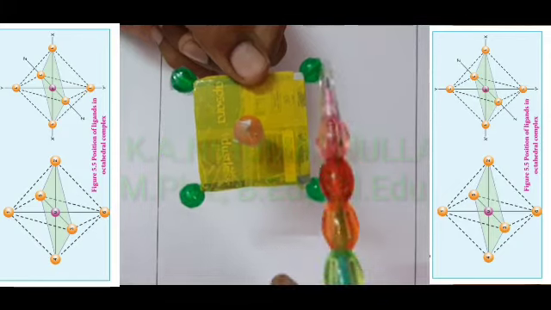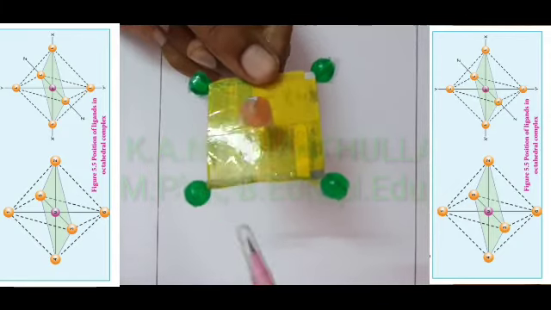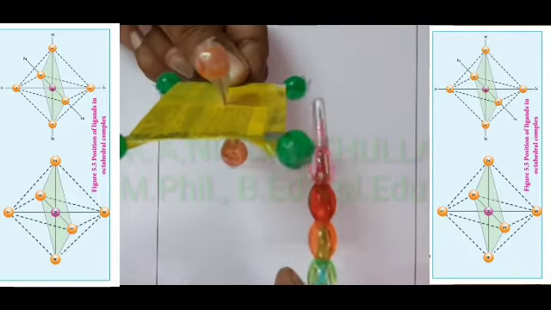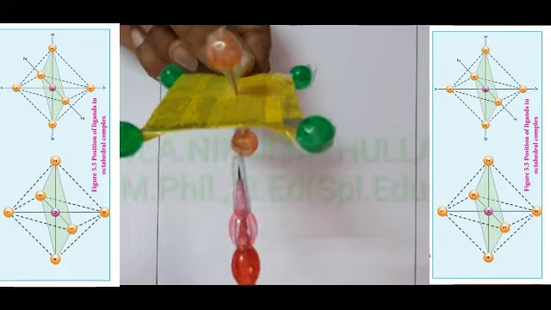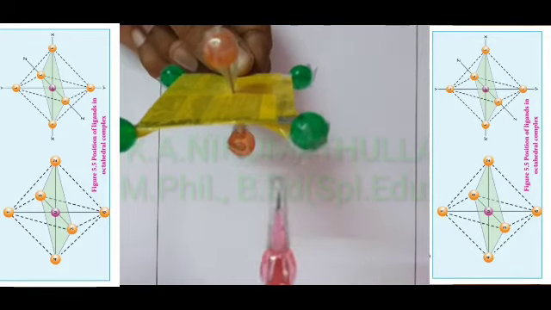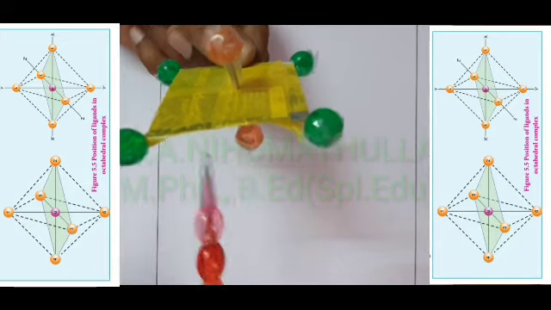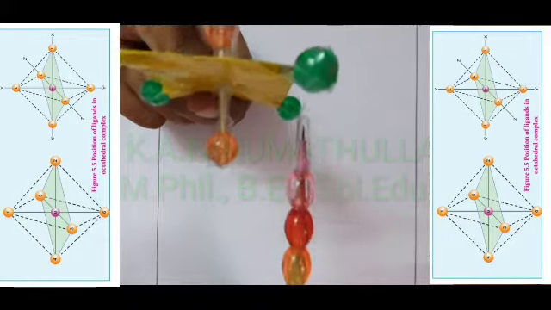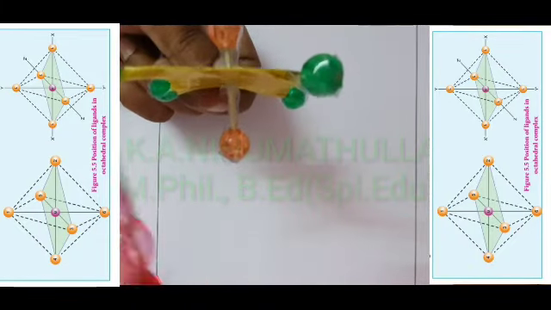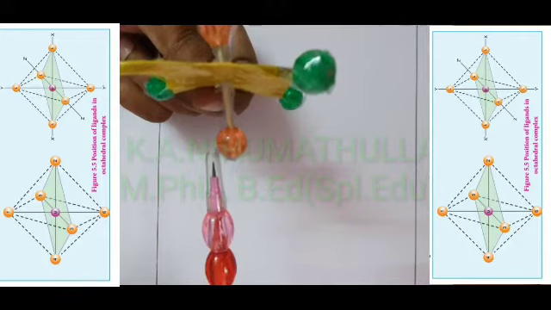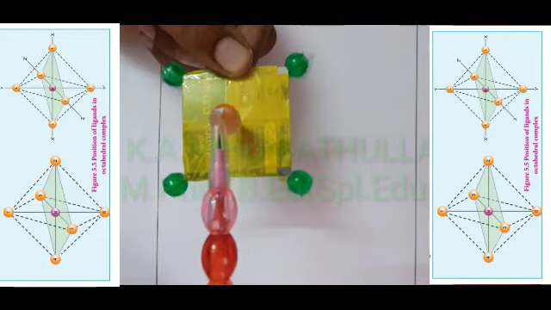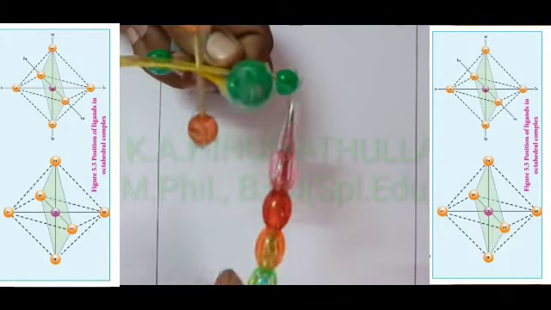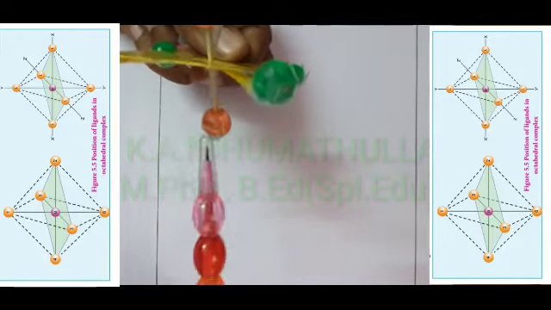Now join all the ligands in the corners of the square with the 6th position: 2,6; 3,6; 4,6; 5,6.